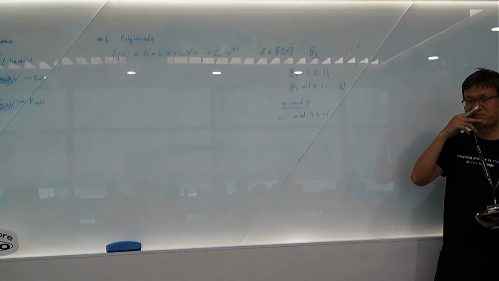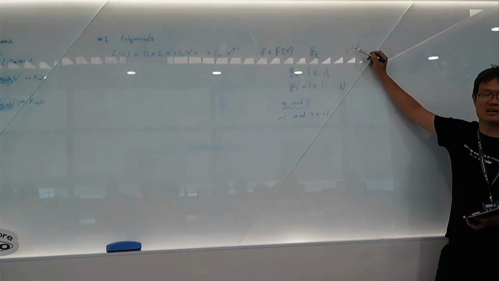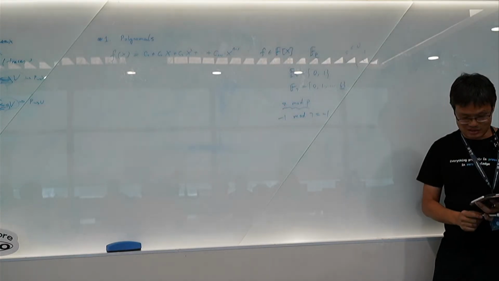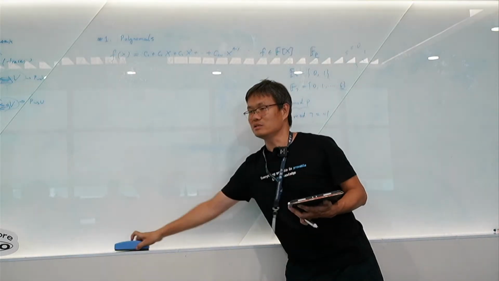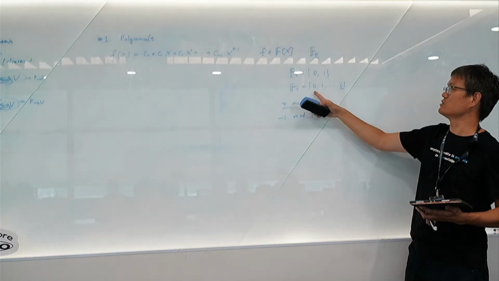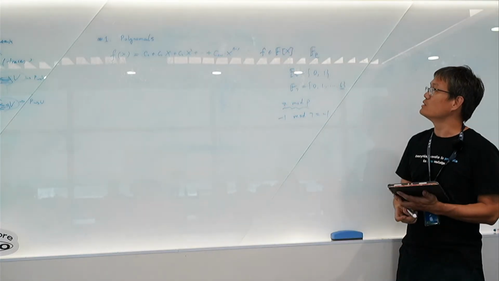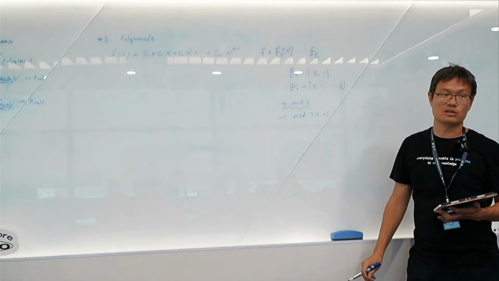Actually, it's a cyclic group. In abstract algebra terminology, it is a group, but we don't bother with that concept. F7 is from 0 to 6. Here we just assume a pretty small finite field.